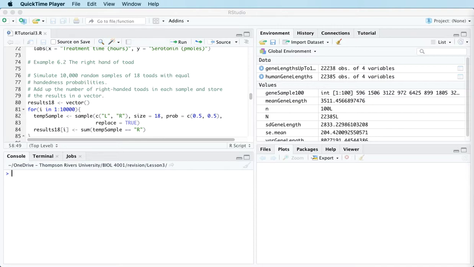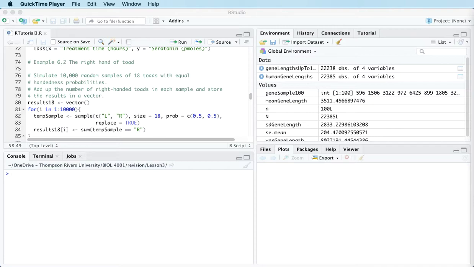But we should also think about the possibility of having more left-handed toads, because that would also indicate that P is not equal to 0.5. So results that would be as great as getting 14 right-handed toads would be getting 14 left-handed toads. And a greater difference would be if we had 15 left-handed toads, or 16, or 17, or 18.